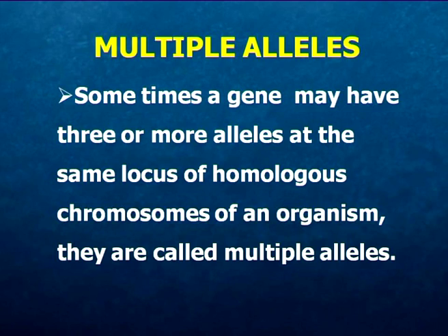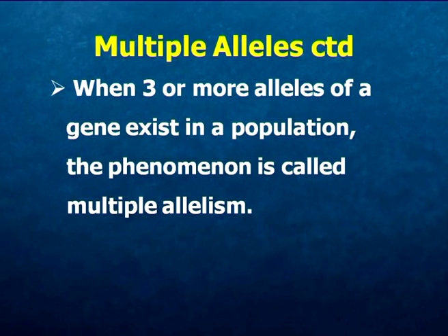So, when a gene has 3 or more alleles at the same locus of homologous chromosomes of an organism, they are referred to as multiple alleles. Now, what are these multiple alleles? Now, when 3 or more alleles of a gene exist in a population, the phenomenon is called multiple allelism.